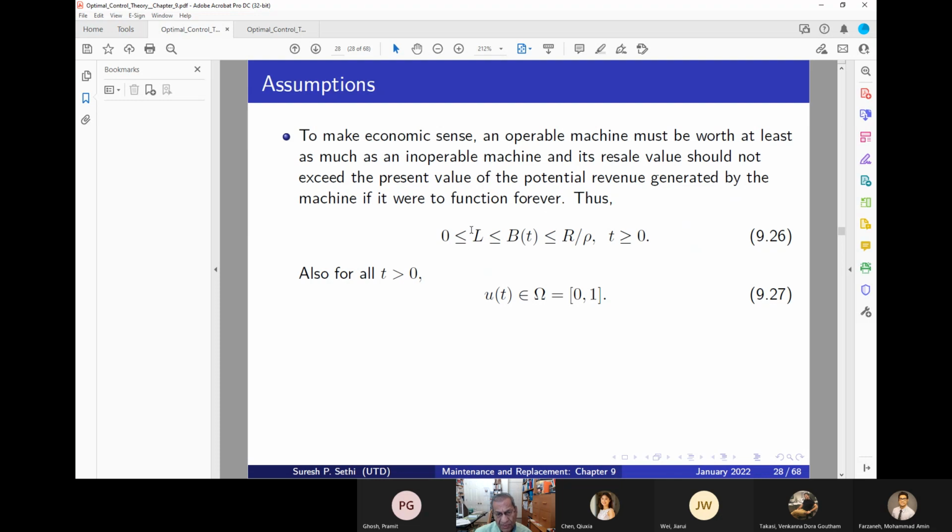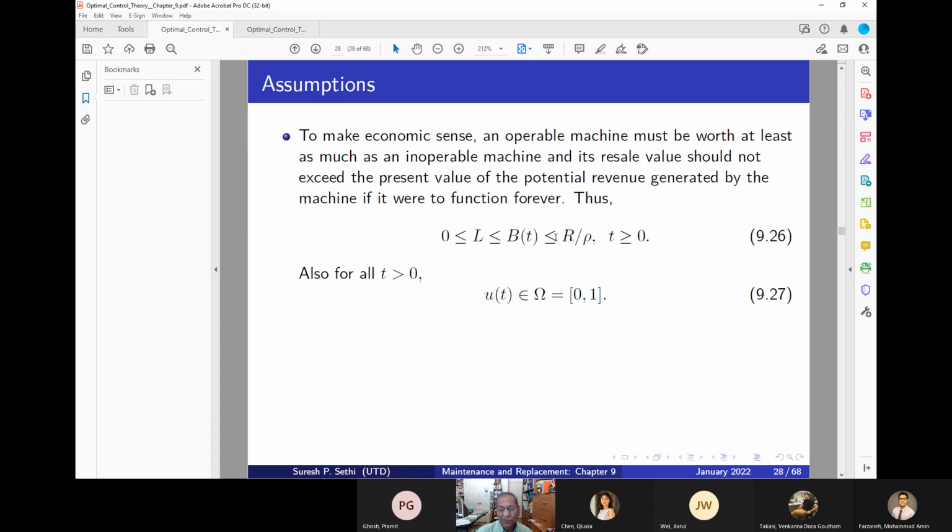Clearly, we are assuming L to be bigger than or equal to 0, but certainly L cannot be bigger than B(t), because B(t) is the value of a functioning machine at any time t, and L is the value of a failed machine. So no matter how low this can go, we still want L to be lower than that. Okay, so that's what Kamien and Schwartz are assuming.